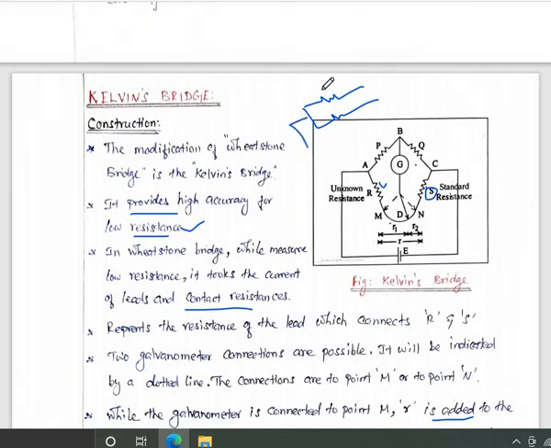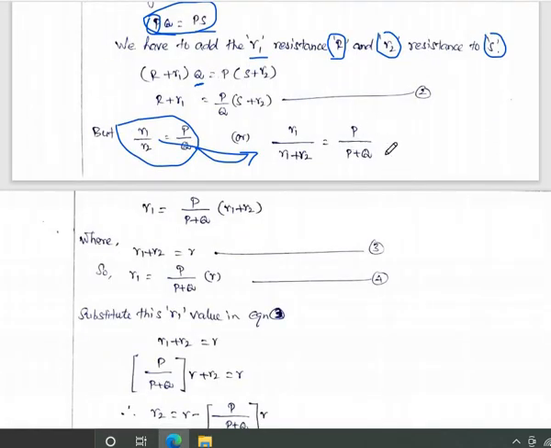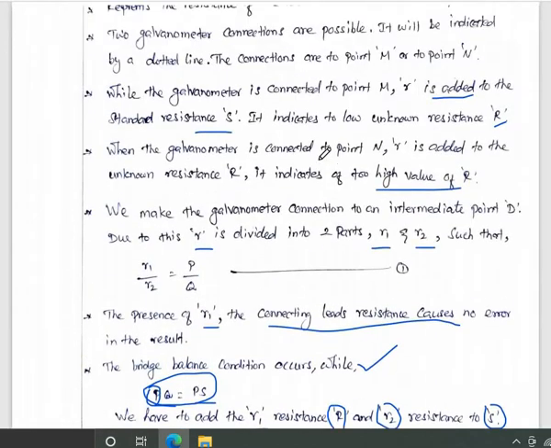So it is arranged in the parallel resistance format, and the value of the equivalent resistance equals P by Q, and the same will be considered as R1 and small r1 and R resistance also. It will be converted as R1 divided by R1 plus R2. So here R1 R2 also act like a parallel.